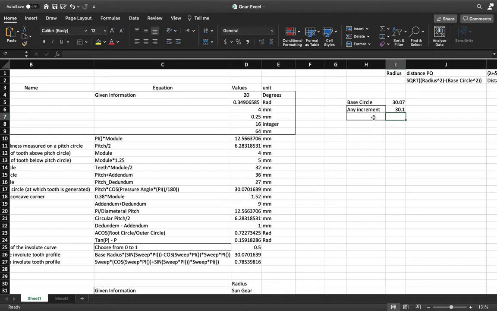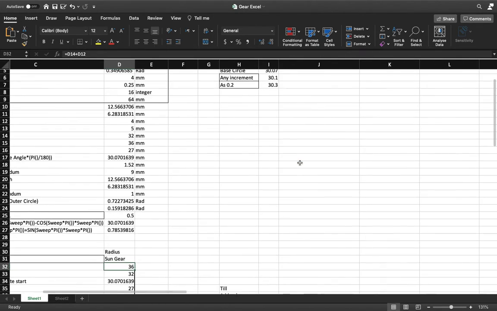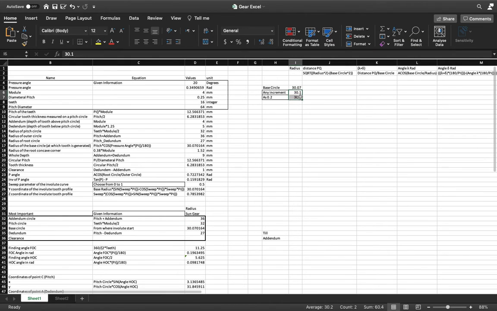I'm going to choose my increment as 0.2. See, 30.1, and here 30.2, and 30.3, and you're going to ask me till when? Till the addendum, which is 36. So you keep incrementing till you see 36.1. Just make it 36. Yes, that should be it.